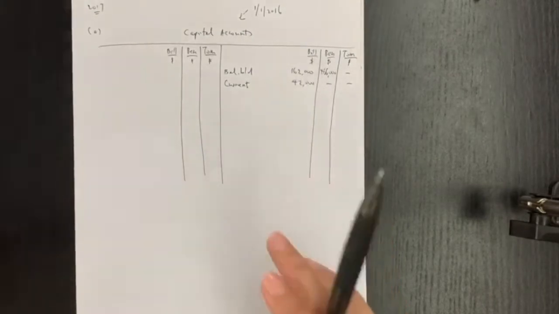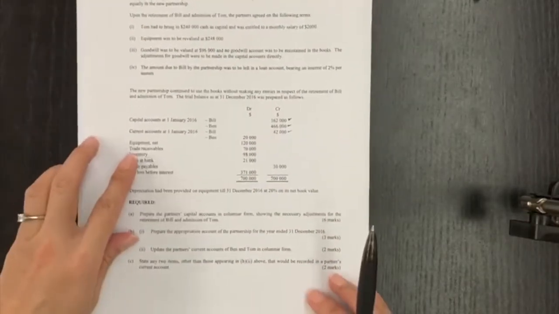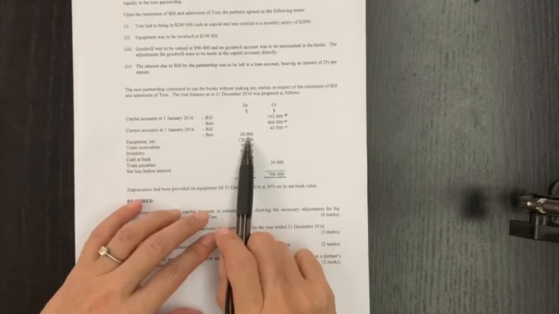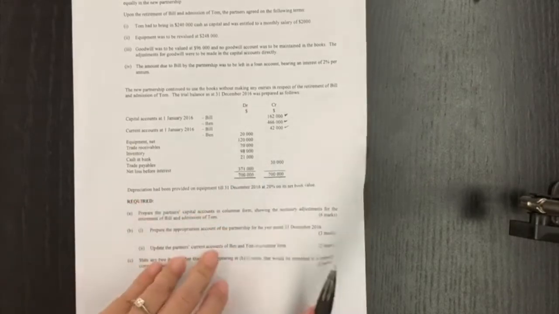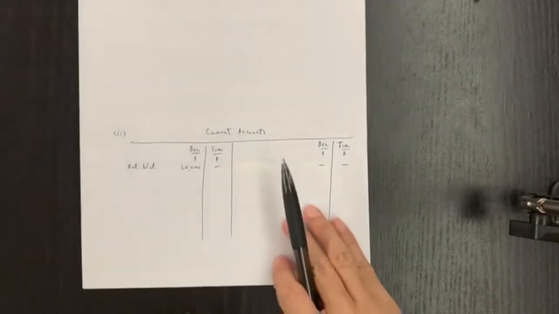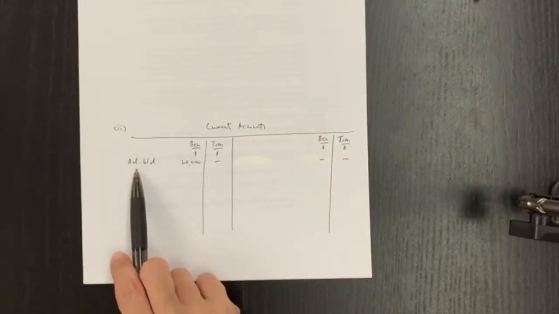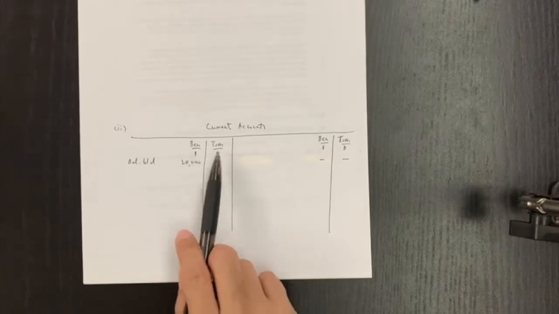Then I have the current account for Ben. Be careful, this is a negative balance, so I have a debit balance for Ben to begin with, and Tom will be the new partner.